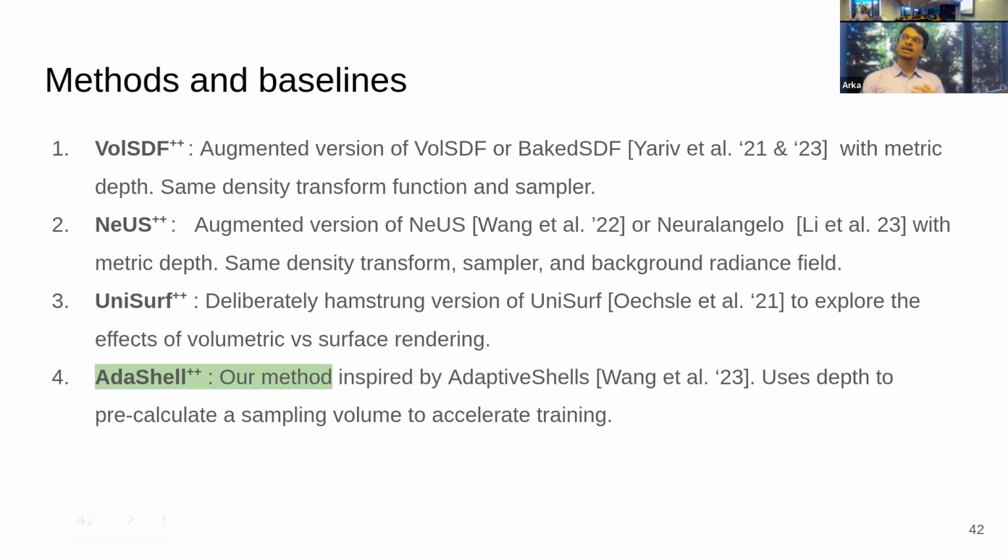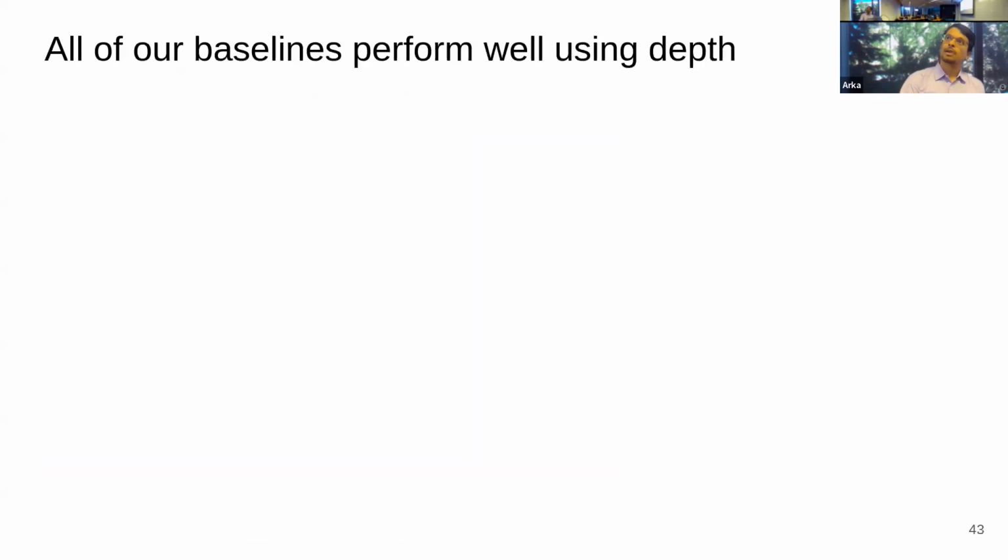Unisurf++ is a deliberately hamstrung version of Unisurf, and we chose that to identify the effects of surface rendering versus volumetric rendering. Unisurf exposes a parameter which lets you bias the optimization process very aggressively towards surface rendering. And finally, AdaShell++ is our method, which was inspired by reactive shells, and this uses a depth to pre-calculate the sampling volume to accelerate training.